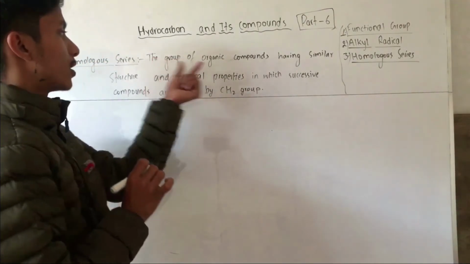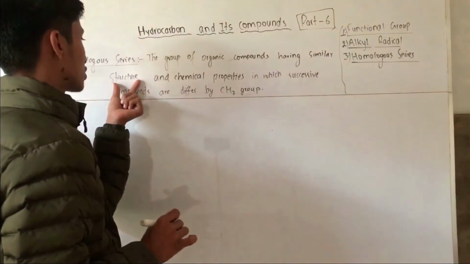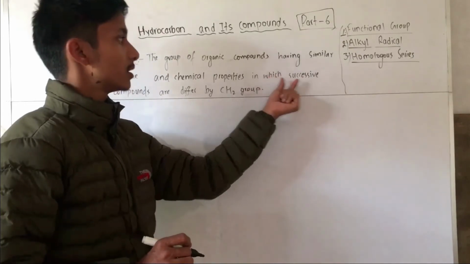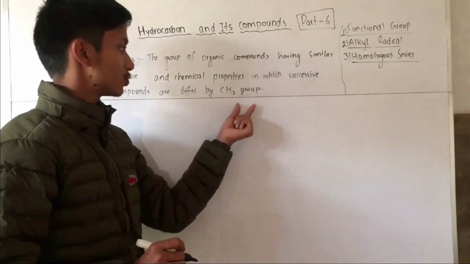The group of organic compounds having similar structure and chemical properties, in which successive compounds differ by CH2 group. This is called homologous series.